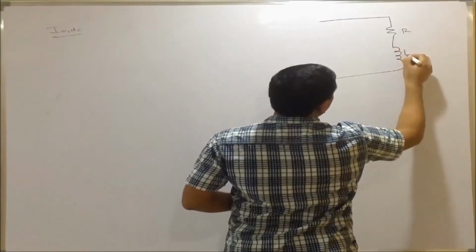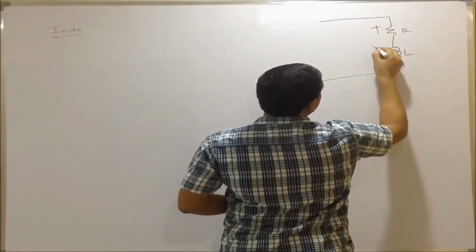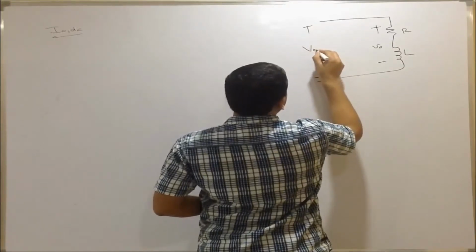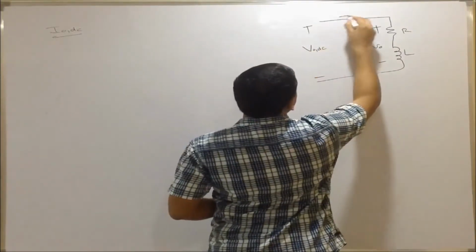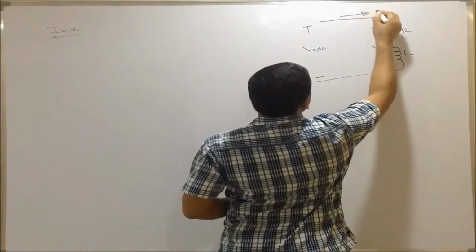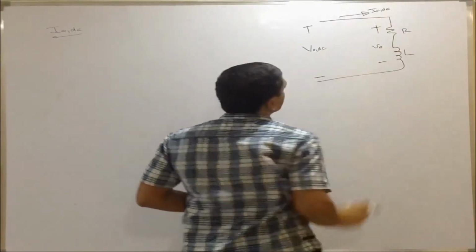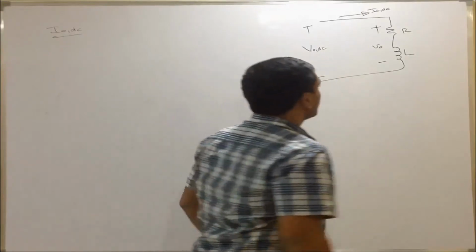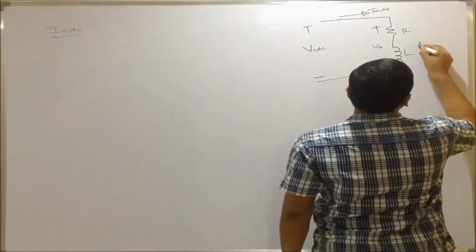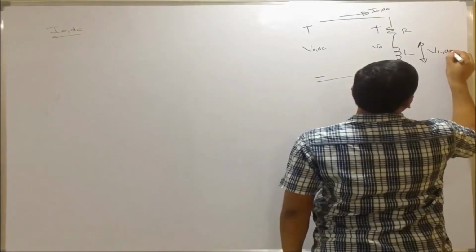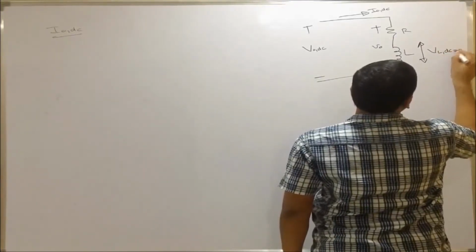R, L, this is my V naught. And here I have applied V naught DC, and here I have I naught DC. This is the DC current flowing, and this is the DC voltage I have applied. Here the DC voltage across the inductor, VL DC, is 0.